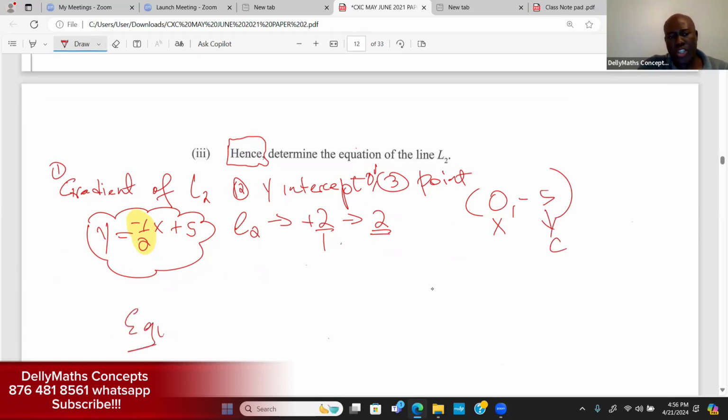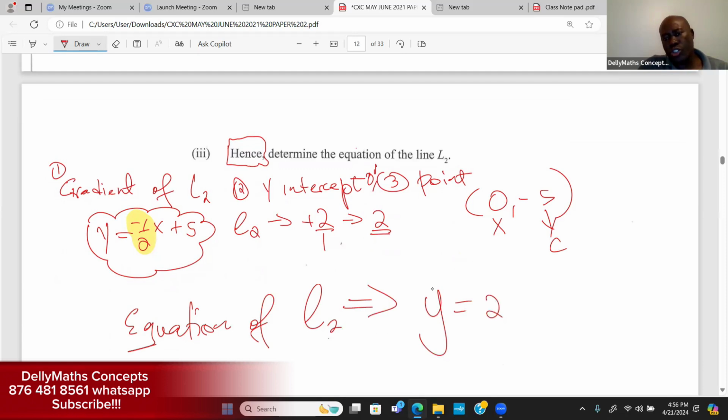So the equation of L2 is simply y equals 2x minus 5. No big working there, because we got c from the coordinate. So we're good. Let's see what the other question is about.